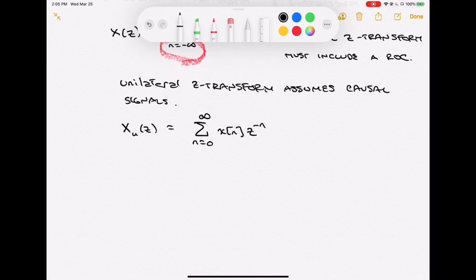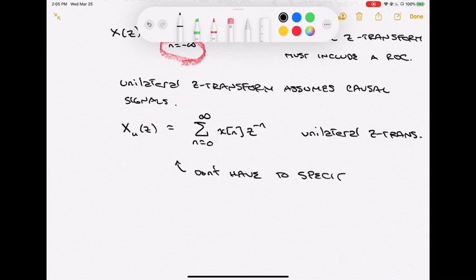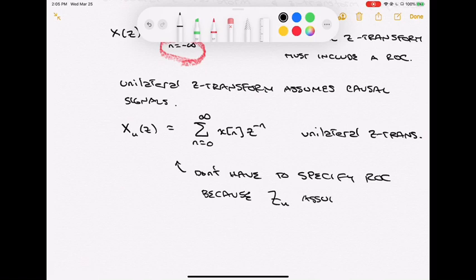The thing I would note on this unilateral Z-transform is that we don't have to specify the region of convergence, because the unilateral Z-transform assumes causal signals.